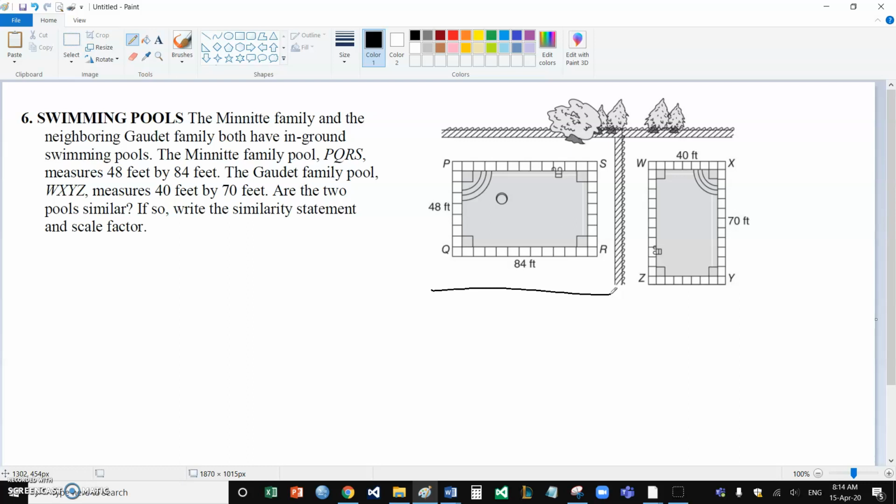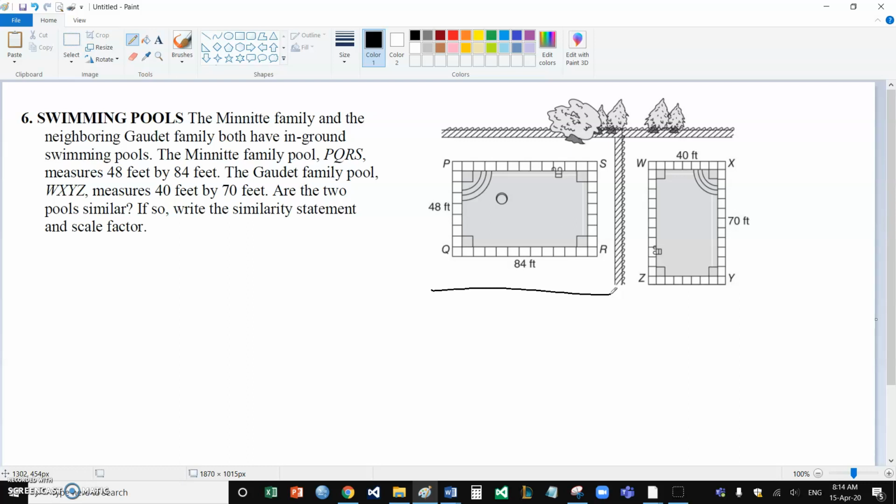Okay? Now, they're both rectangles, so their angles are congruent. We have to prove that they're similar by looking at the scale factor. How do we find the scale factor? We have to divide.